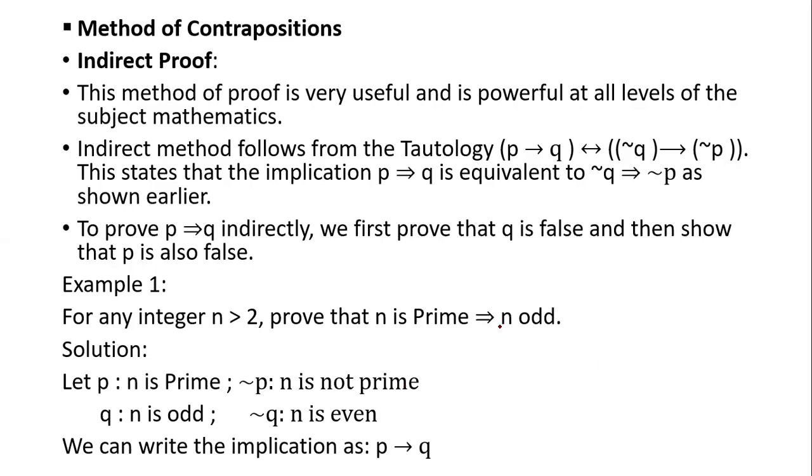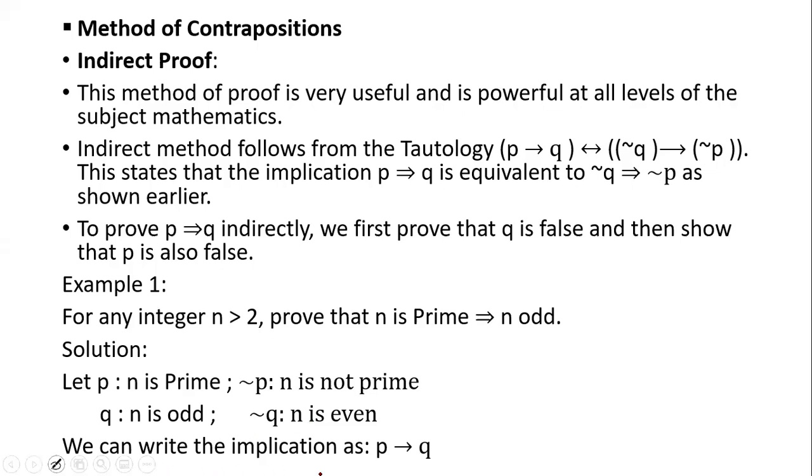Q is n is odd. Therefore, the negation, not Q, is n is even.